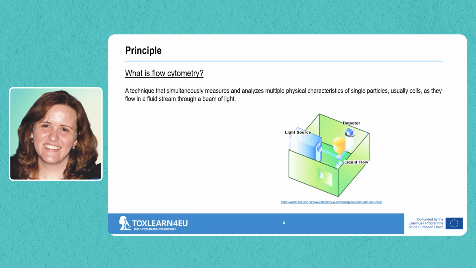And then you have here the fluidics component, where you have a sample getting in, and then it's going to be directed, and the light will illuminate the particle, and then you will need detectors to detect the signal of this.